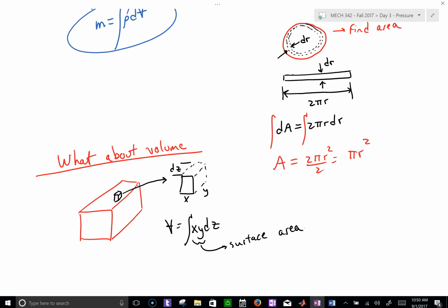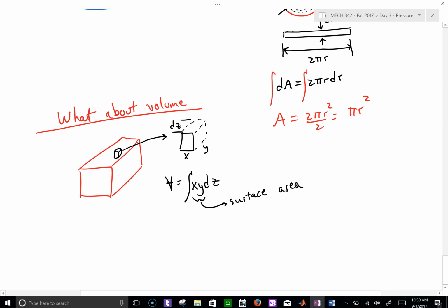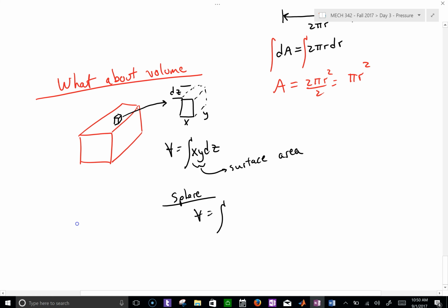Anybody know what the surface area of a sphere is? Because if we're looking at the Earth, now it's a sphere. For a sphere, yeah, 4 pi r squared, for the surface area.